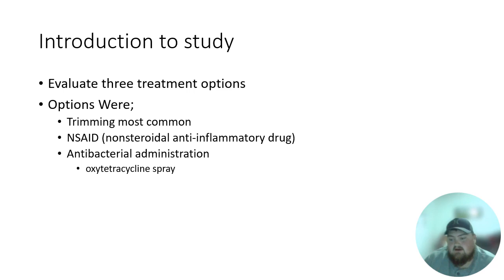Oxytetracycline is probably one of the most common antibacterials that we use in the animal industry, like LA200 or LA300. Those were the methods they used to treat the foot rot in their study herd to examine for lameness.